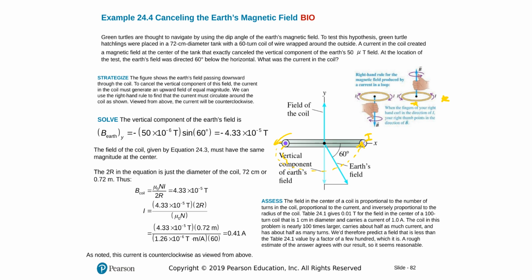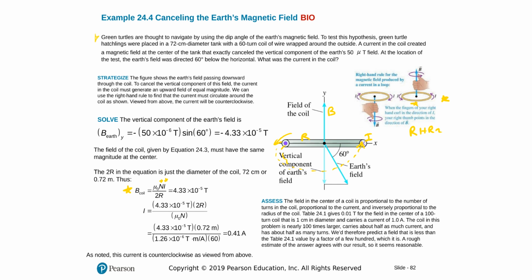If I apply my right hand rule, my fingers go along the current, and my thumb, the magnetic field direction, will be up as shown in here. I find the direction, and then I apply mu 0, the constant, number of turns, and current divided by the radius times 2, or diameter.